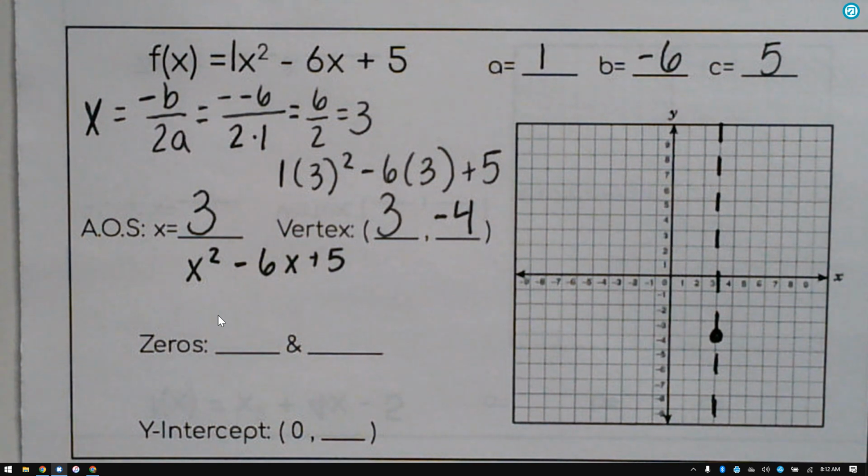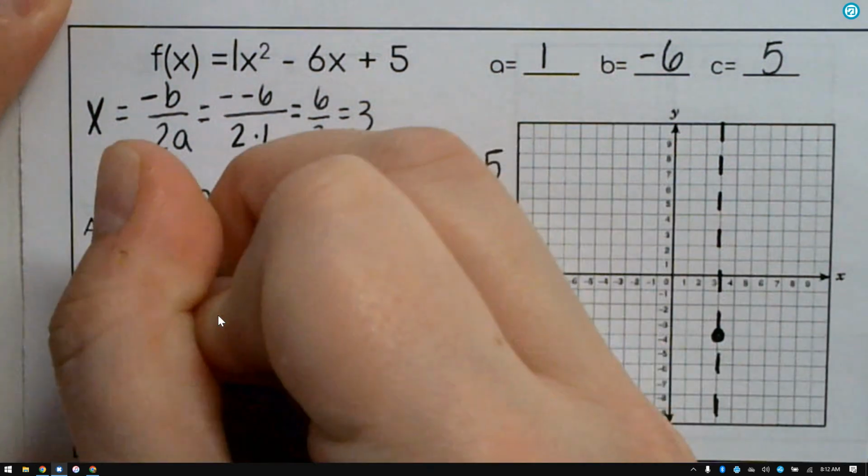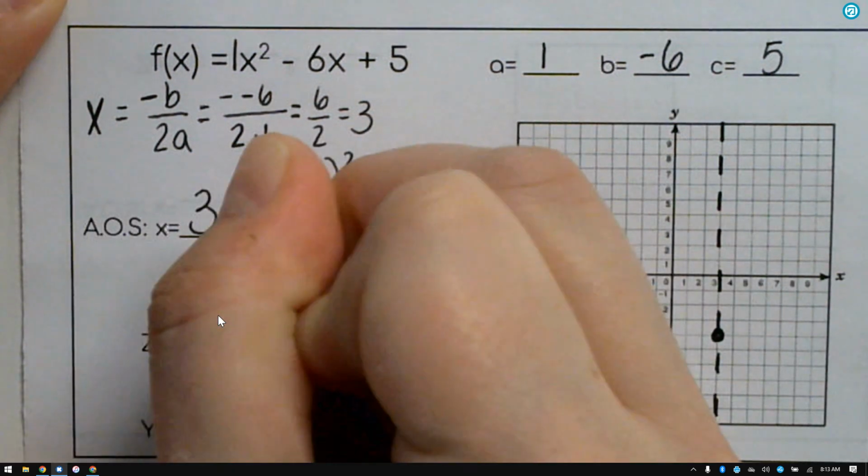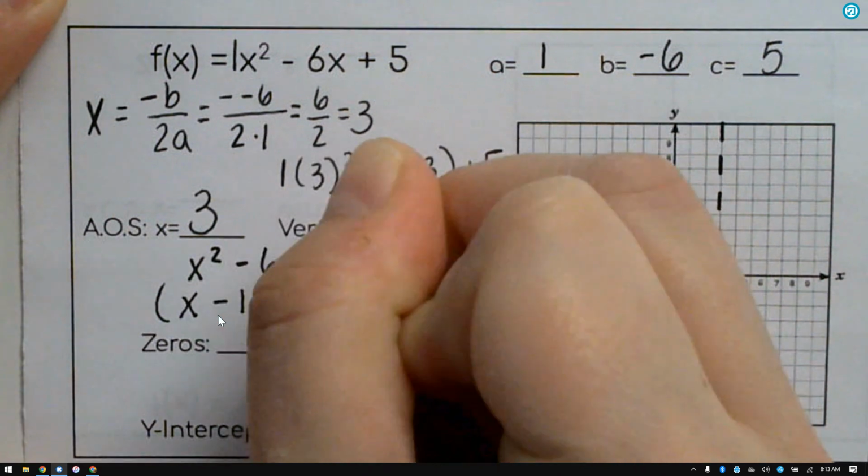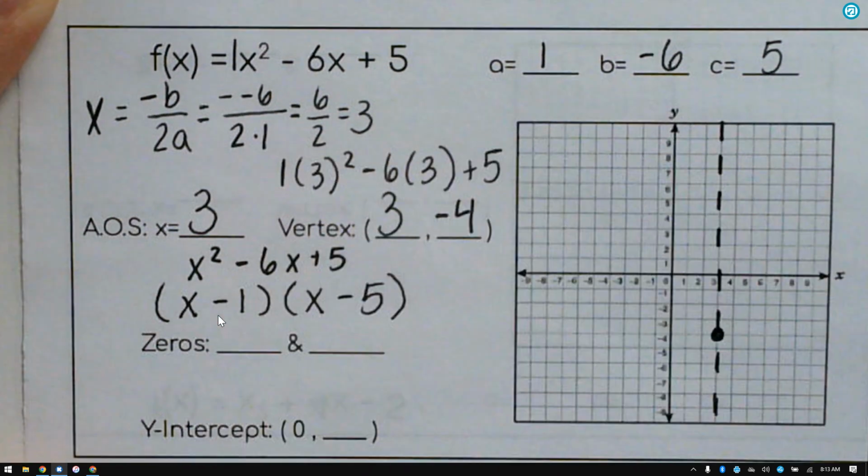How can we multiply to be a positive? Two negatives. So we are going to do negative 1 and negative 5, because negative 1 times negative 5 is positive 5. Negative 1 plus negative 5 is negative 6. So my factored form is going to be x minus 1 and x minus 5.